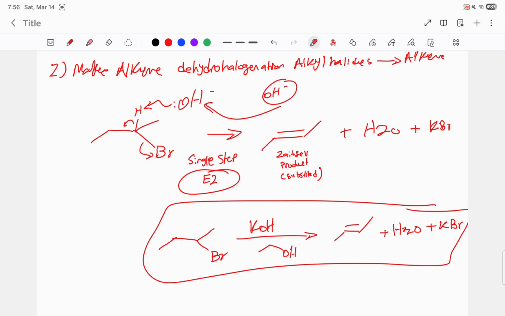All right. Now, like I was saying, in a cyclic system, the E2 mechanism is stereospecific, requiring what we call an anti-periplanar arrangement of the beta hydrogens and the leaving group.